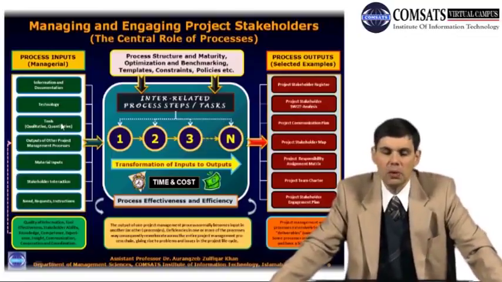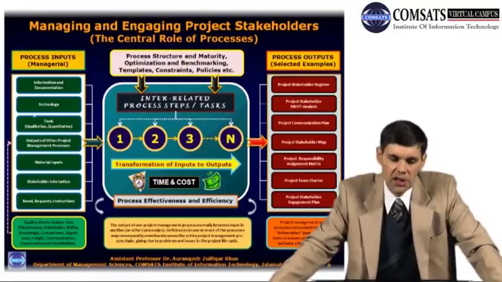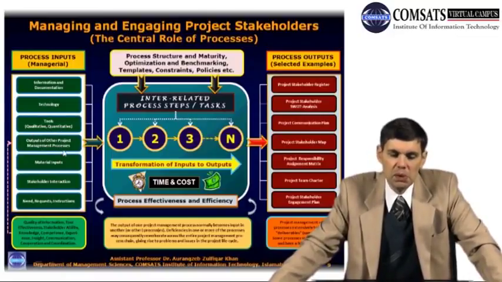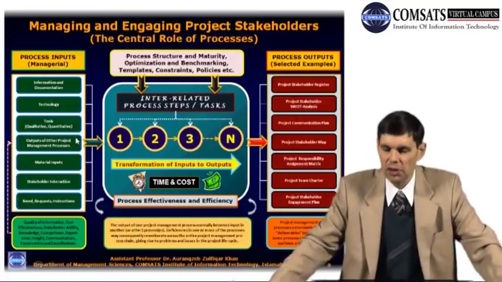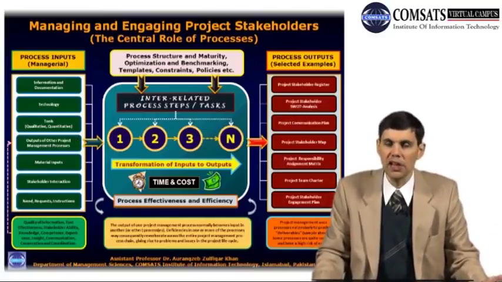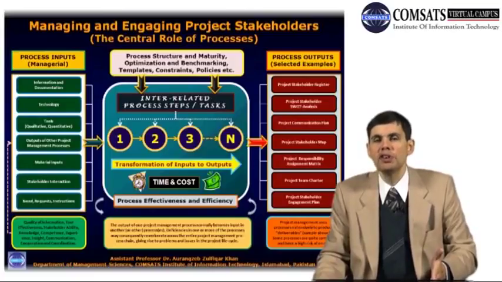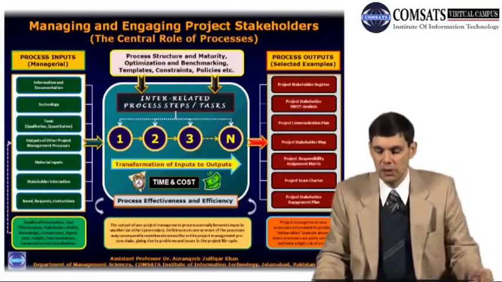For example, if you're doing stakeholder analysis and you want to analyze your stakeholders, you can use qualitative or quantitative tools. Outputs of other project management processes. This is important because in project management you have chains of processes. The output of one process then subsequently becomes the input for another process.